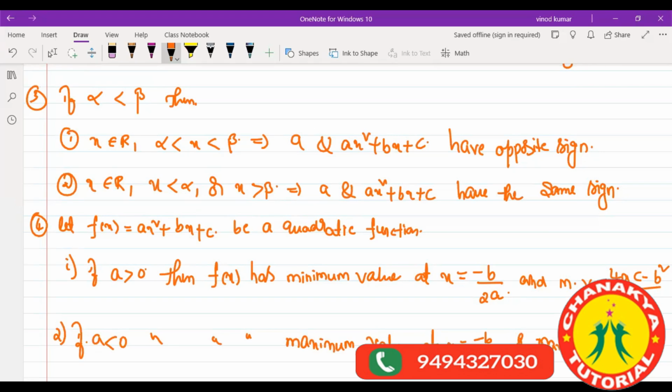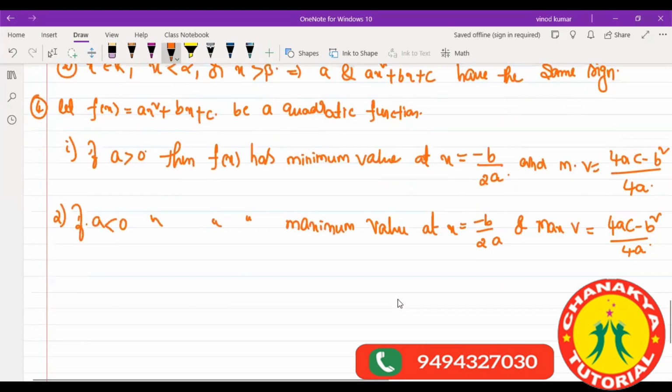That's enough. When the x square coefficient is positive, f of x has a minimum. When it is negative, f of x has a maximum. Those values are also 4ac minus b square by 4a.